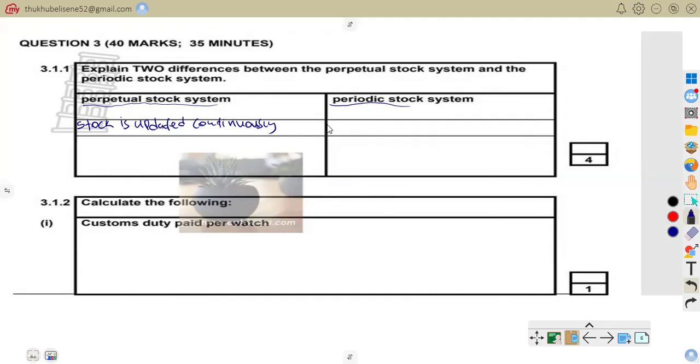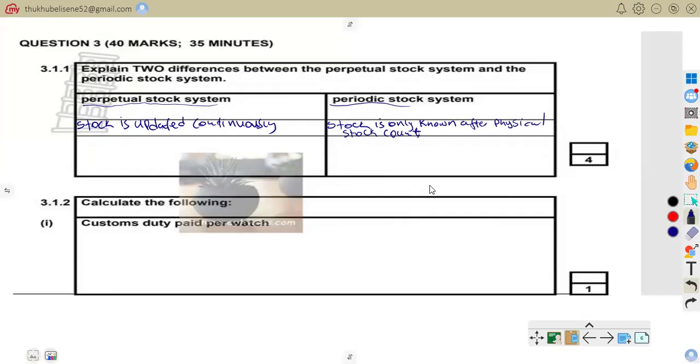So that is under periodic: stock is only known after physical stock count. Usually that is at the end of the year.